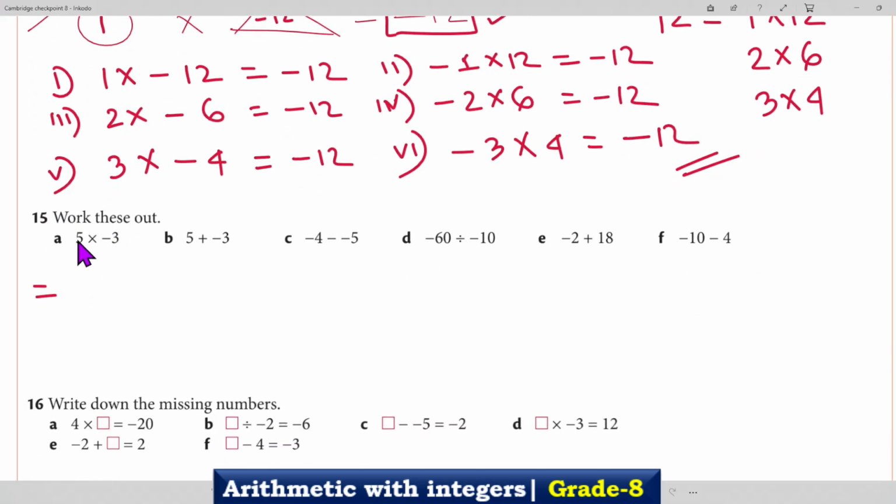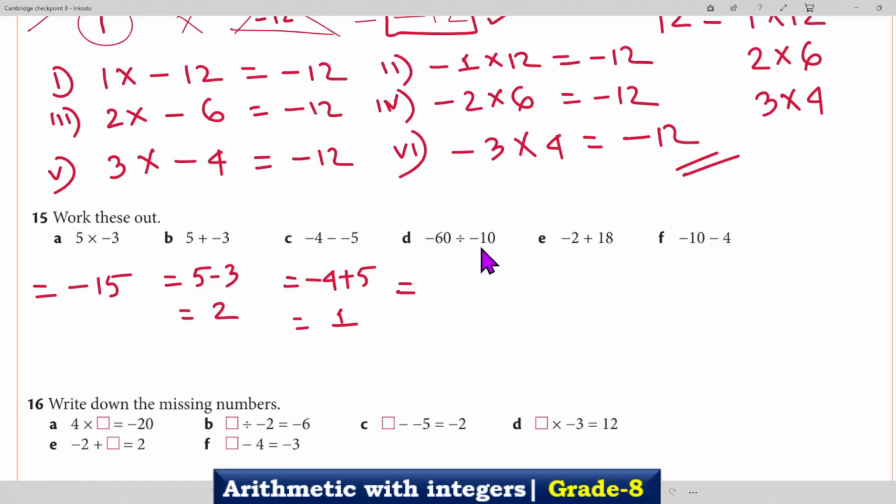Work out this. It's a very simple thing. 5 times 3 is a 15, so negative 3, so result will be negative 15. Again 5 and plus minus means it will become minus, so 5 minus 3, result is 2. Next minus 4, and here minus and minus, it will become plus, and here is 4, negative 4 plus 5, result will be positive 1.